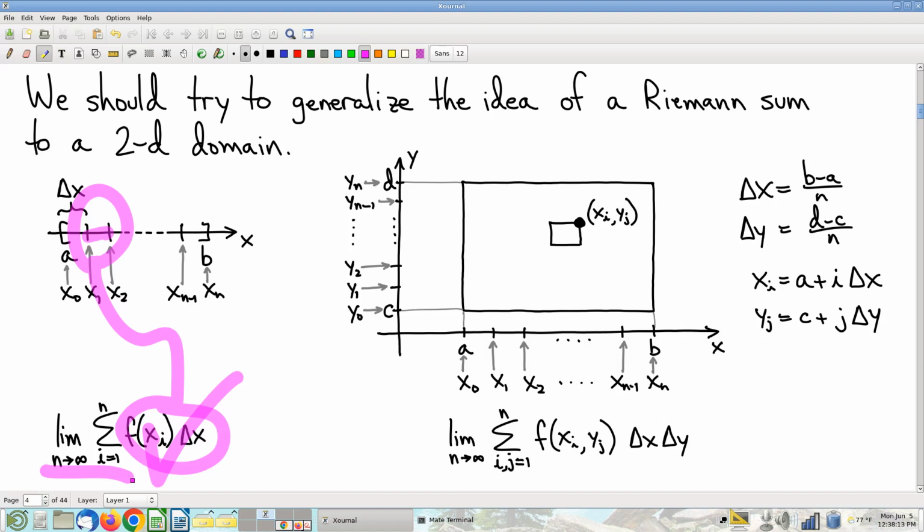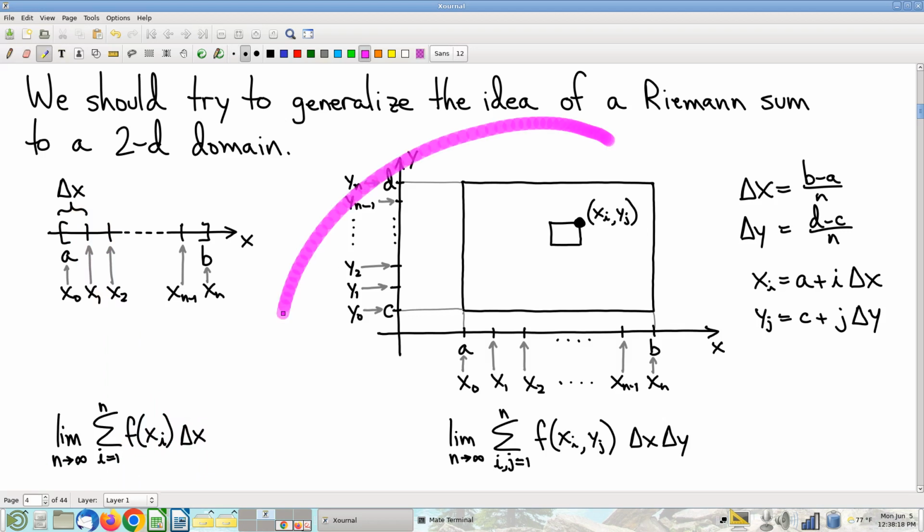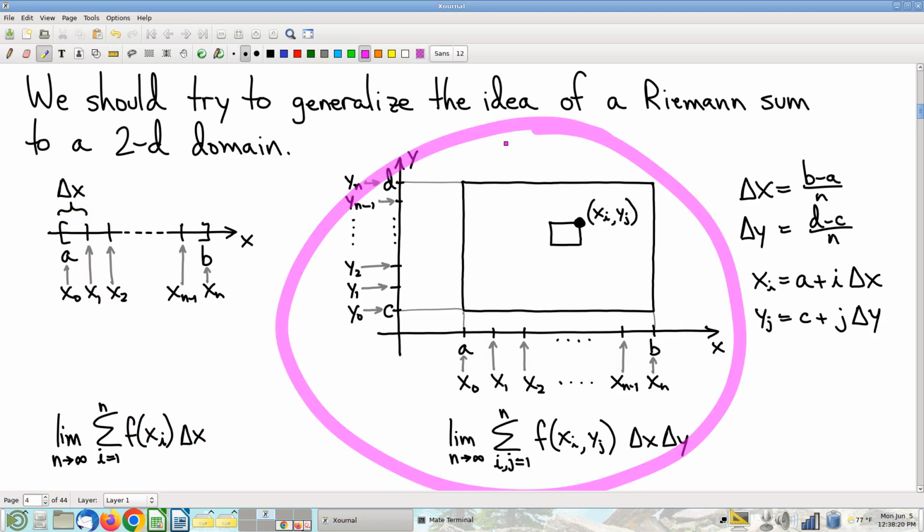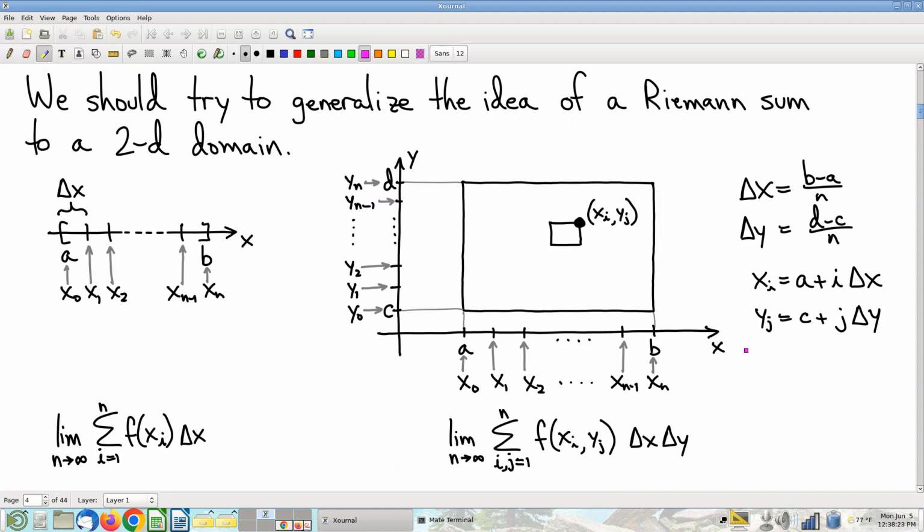So I'm going to take that concept and apply it to this dimensionally different scenario, where instead of an interval, let's suppose I have an entire rectangle. Maybe there's some mass distributed over this rectangle, and I want to compute the total mass. Or maybe this is Colorado or Wyoming, and I want to compute the population. Something like that.